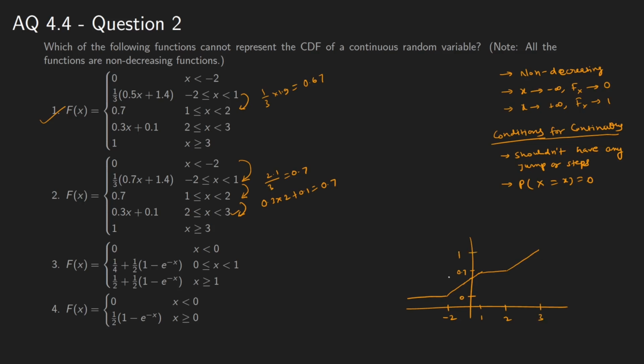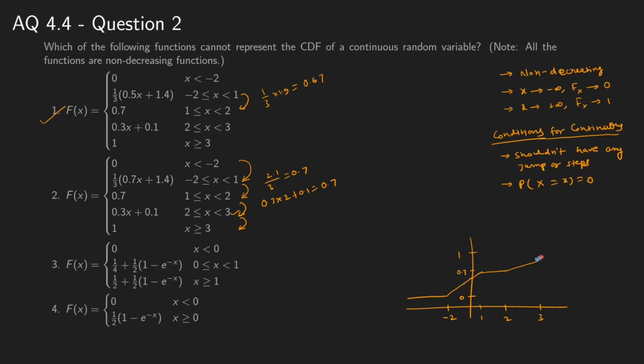So it becomes 1 here, right? So this was a line before and it becomes 1 after 3. But we need to check if this transition is continuous. So as x approaches 3, it should become equal to 1. Suppose this was only up to this and the next piece of the function started from here, then it will not be continuous, right?